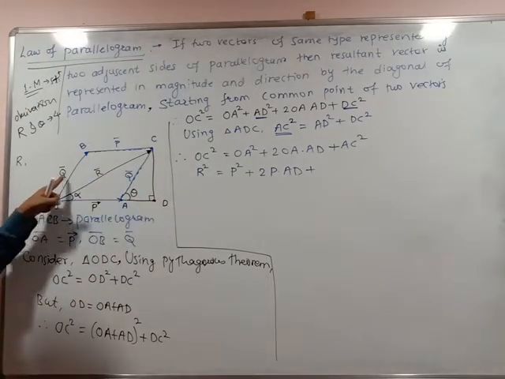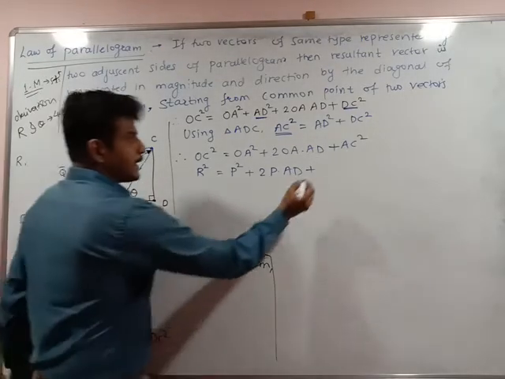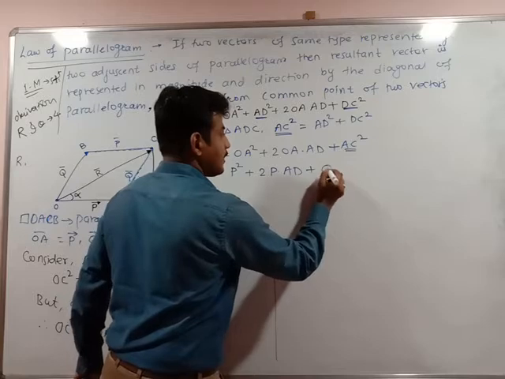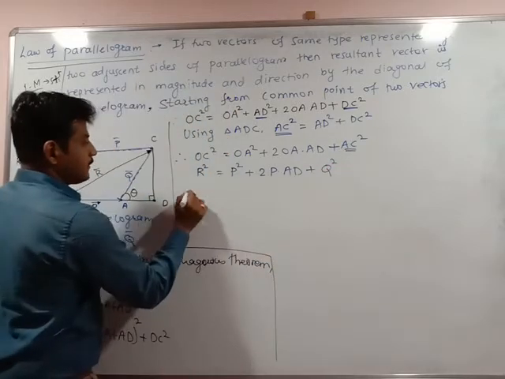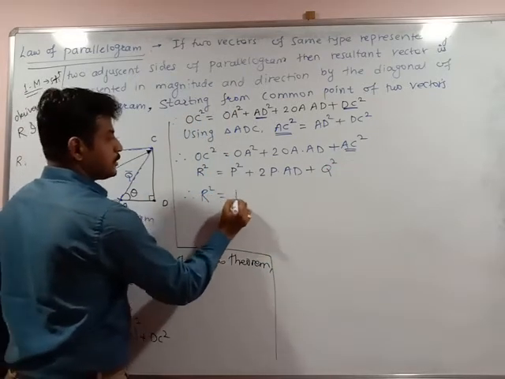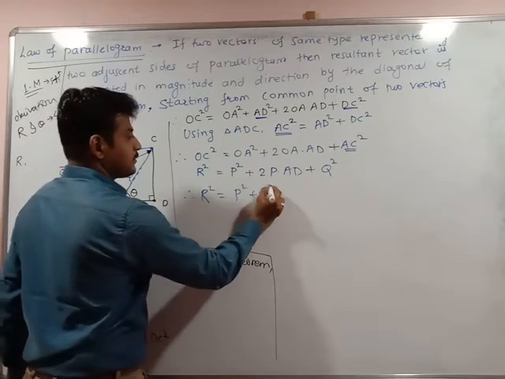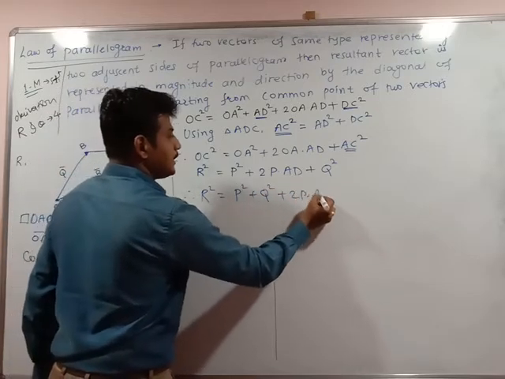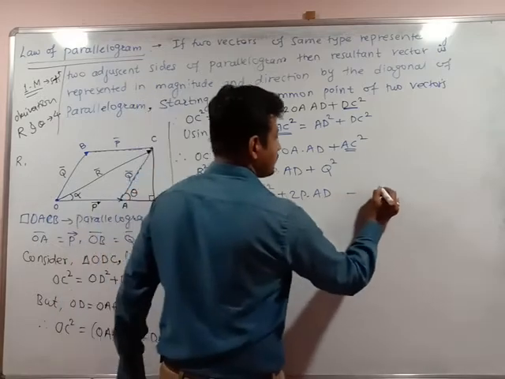AC is Q bar, so I can write the direct value for this AC square as Q square. Therefore, R square is equal to P square plus Q square plus 2P into AD. This is equation number 1.